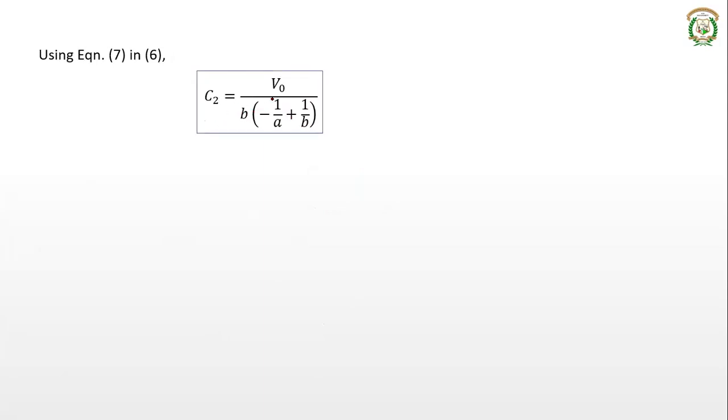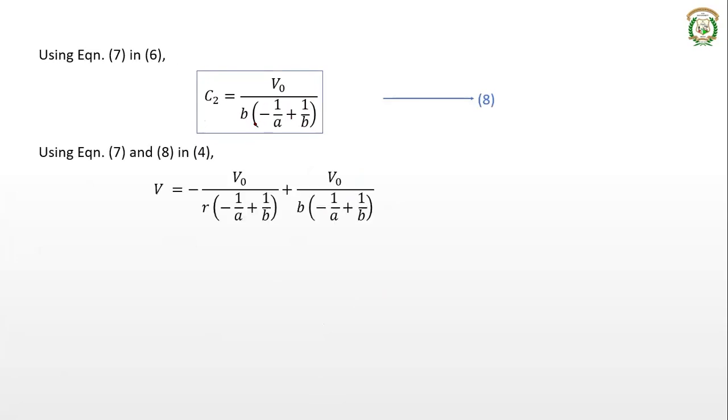Substitute both these constants in equation number 4. What is equation number 4? V is minus C1 divided by r plus C2. So C1 is V0 divided by minus 1 by a plus 1 by b.